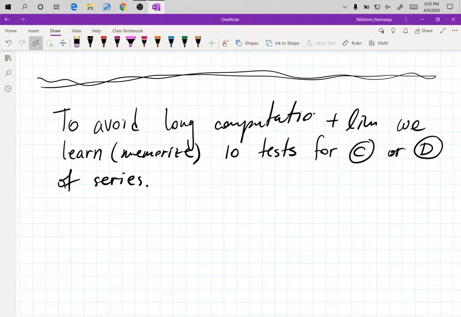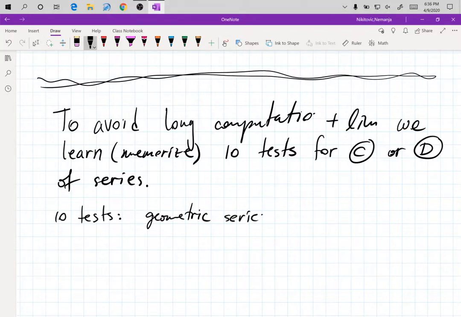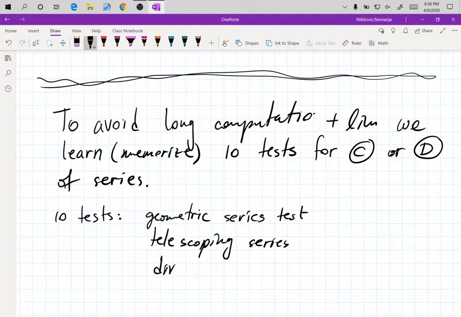Those tests are in no particular order. Geometric series test, telescoping, then we have divergence test, also known as nth term.